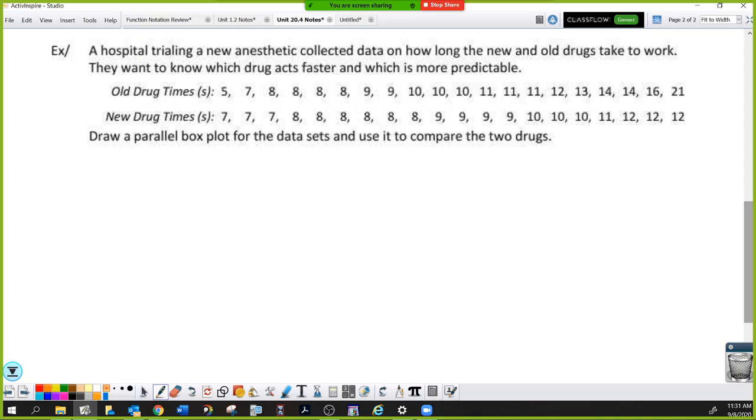How many numbers are there? 1, 2, 3, 4, 5, 6, 7, 8, 9, 10, 11, 12, 13, 14, 15, 16, 17, 18, 19, 20. 20 digits again. So for old, let's do all our old information here. Our Q2 would be halfway between the 10th and 11th one.